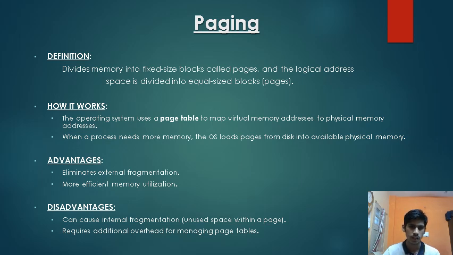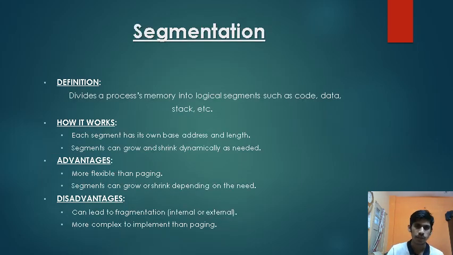Advantages: eliminates external fragmentation, more efficient memory utilization. Disadvantages: can cause internal fragmentation, unused space within a page, requires additional overhead for managing page tables. Next, proceed to next slide.